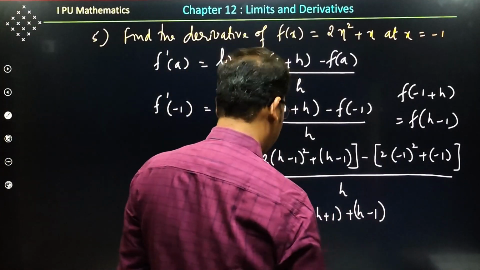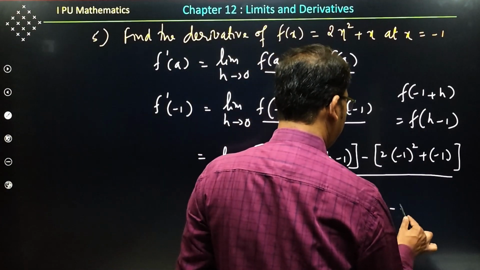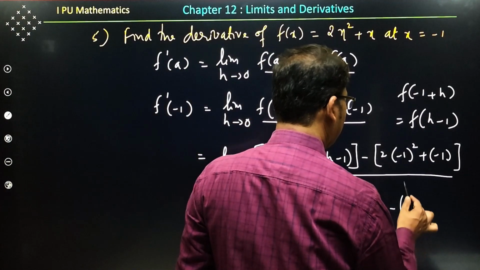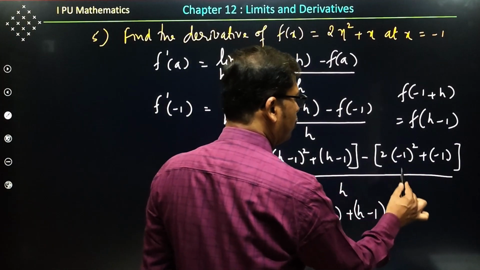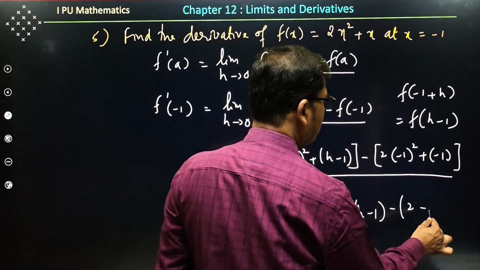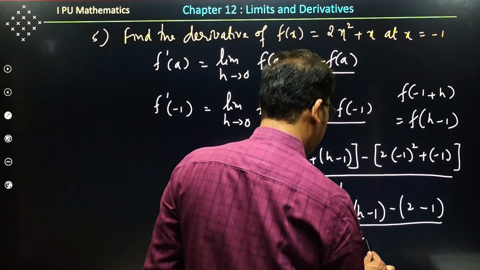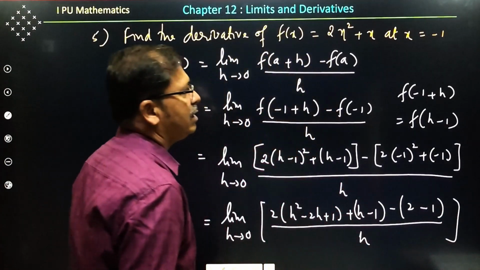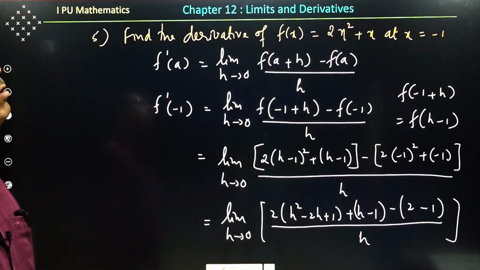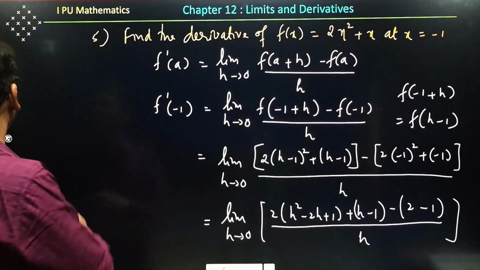You put the bracket at this moment, minus of bracket, minus 1 whole square is 1 only, 2 into 1 is 2 only, plus into minus 1, whole divided by h. Let us simplify this. What should the answer be? It should come to minus 2. Okay, let us continue.